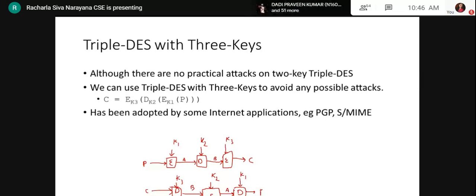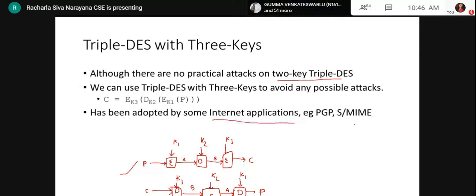So previously we used K1, then K2, and then K1. Here we use K1, K2, K3, but the sequence is the same. Although there are no practical attacks on two-key triple DES, this is another alternative approach of triple DES with three keys, and it is adopted by internet applications.